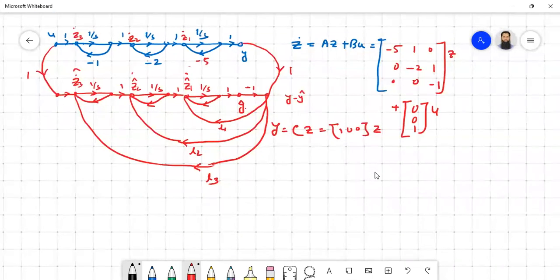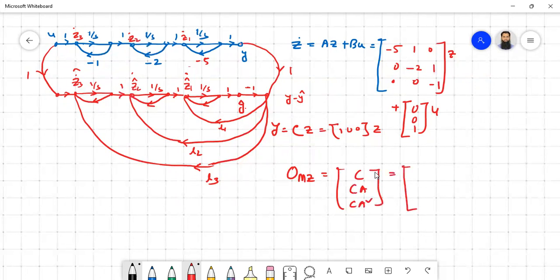You can find out the observability matrix OMZ first, because if the determinant of this is 0, then our system is not observable, so we cannot go for the design. In this case, it will be C, CA, and CA square. We have already shown how to figure it out.